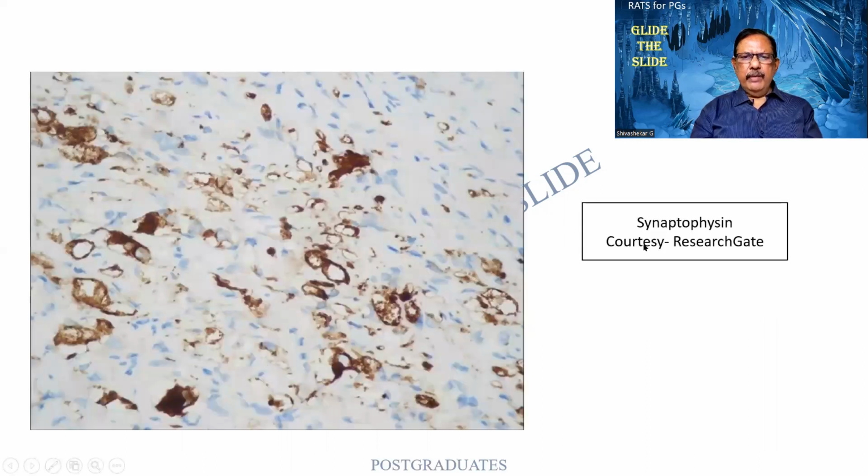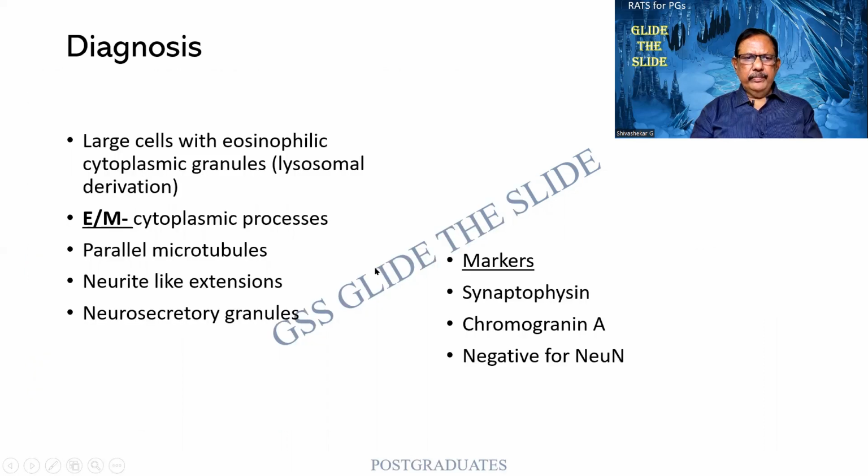This is synaptophysin that is showing positivity, courtesy ResearchGate. And the diagnosis, it says they are large cells, eosinophilic cytoplasmic granules, which are mostly lysosomal in derivation. The electron microscopy will be showing external cytoplasmic processes.